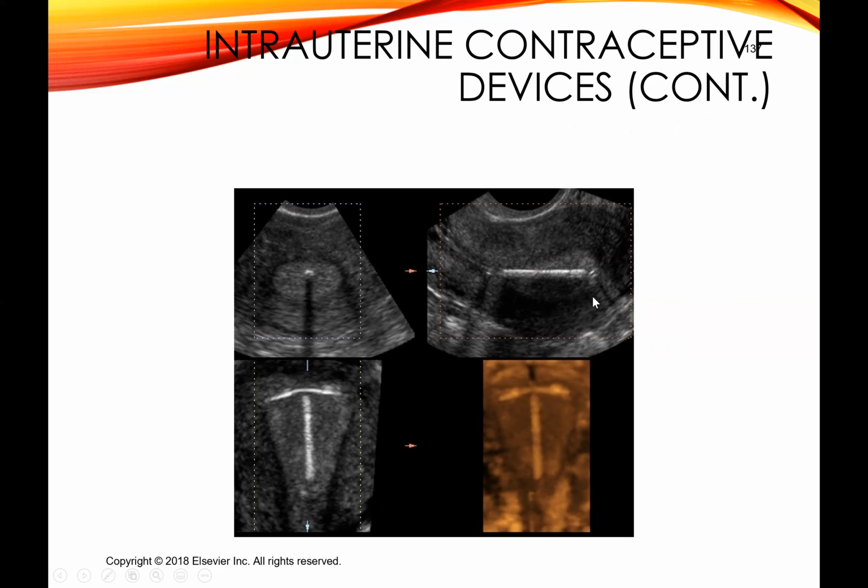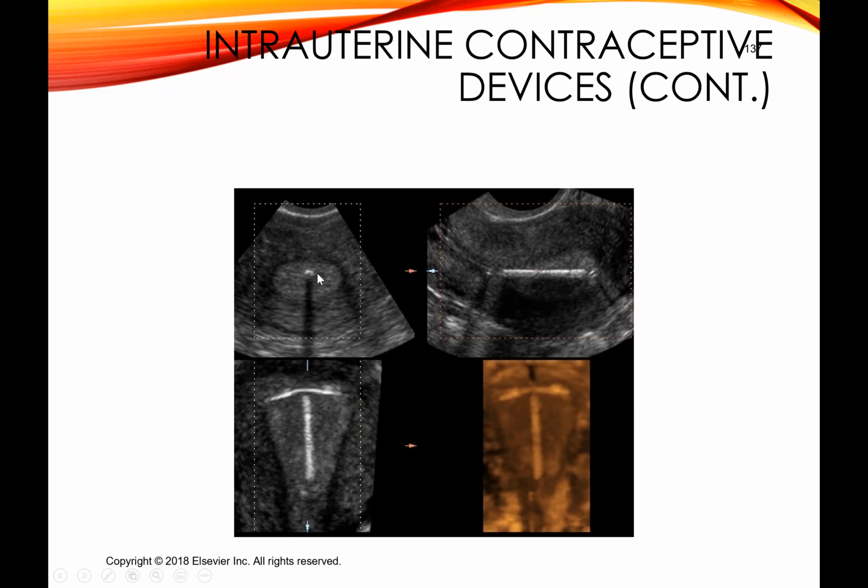I worked at a place that had it, and it makes looking for these IUDs so easy, because usually we only have the transverse and the sagittal plane, but with 3D, we're able to see this beautiful coronal plane. Look at the T shape. This is the endometrial canal, and you can see the IUD directly placed, just perfect.